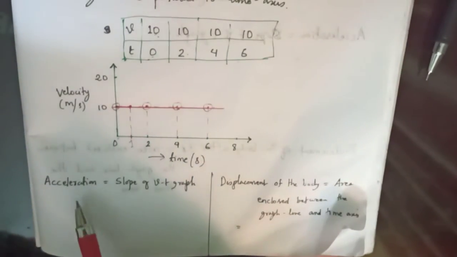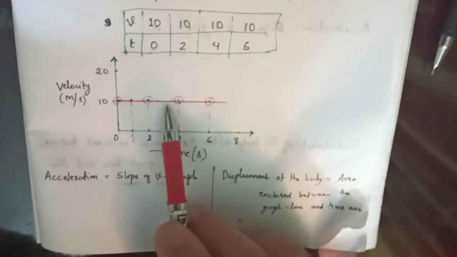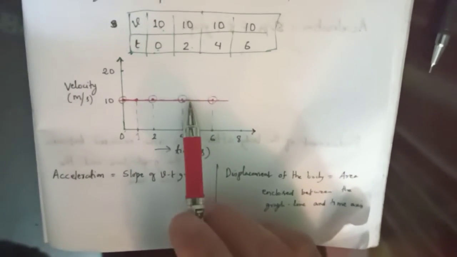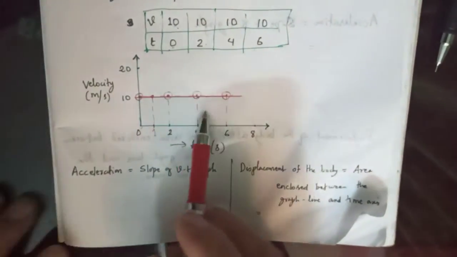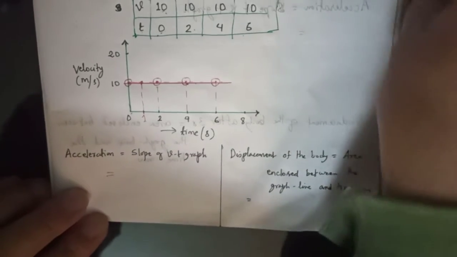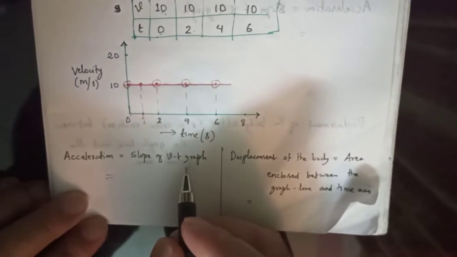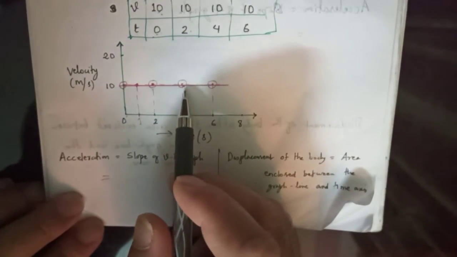So you can also calculate the acceleration. If you find the slope of the velocity time graph, then the slope of velocity time graph will give us acceleration. So acceleration in this case will be given by the slope. Slope means inclination. This graph line is not inclined to the time axis.